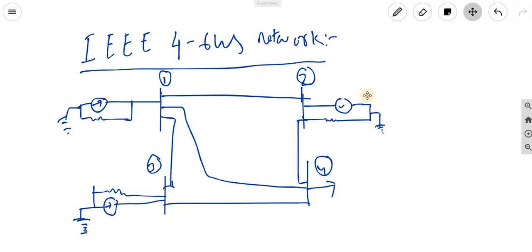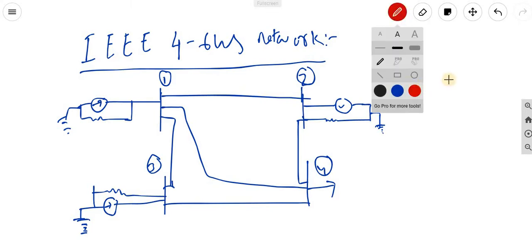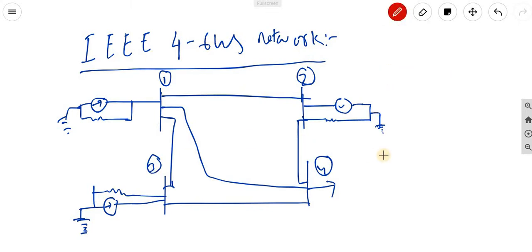Hello everyone. In this lecture, we will be discussing the formation of Ybus using the singular transformation method. First of all, you see this network. In the previous lecture also we discussed this network.